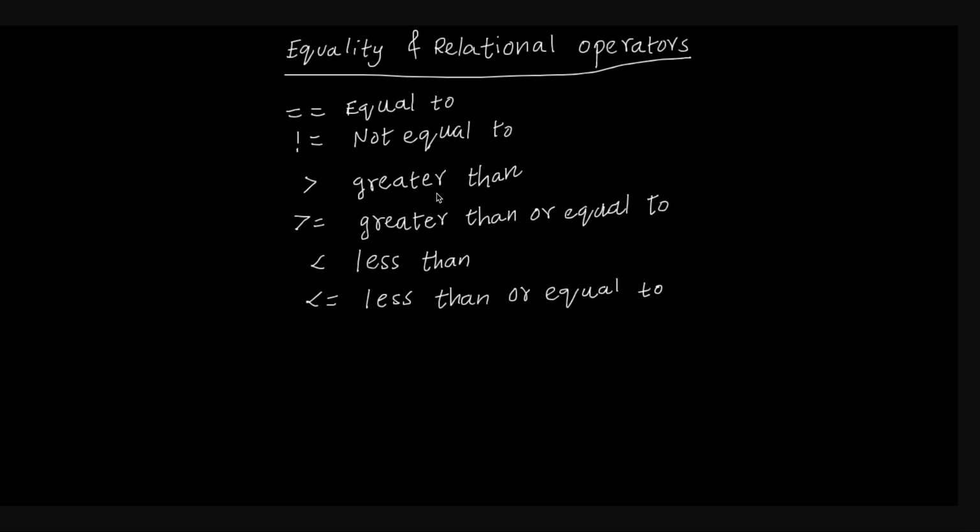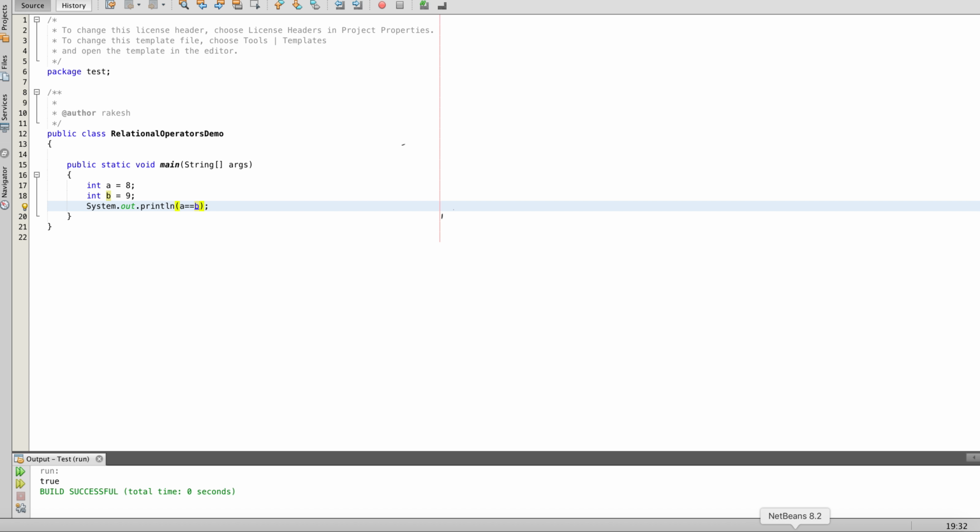Now I'm going to explain each operator using some sample fragment of code. Double equal to means it will try to check whether both numbers are equal. In this case, I am declaring int a equal to 8, int b equal to 9.